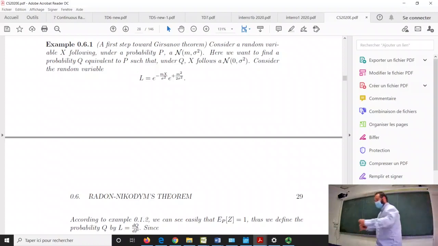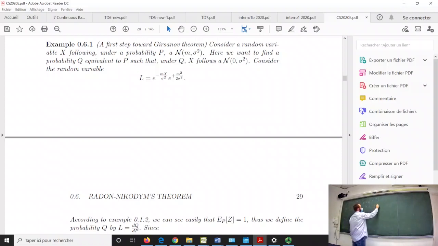Because I have a hypothesis here. X follows this one under P. So it's what I want to use. So I change, and if I do this, I pass from an expectation under Q to an expectation under P, multiplying by dQ over dP.